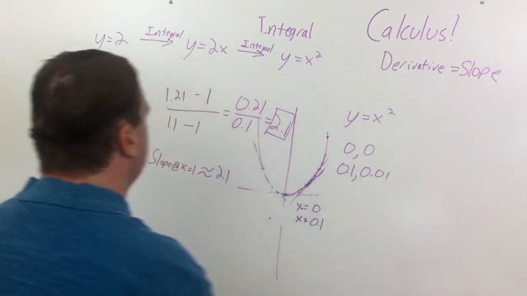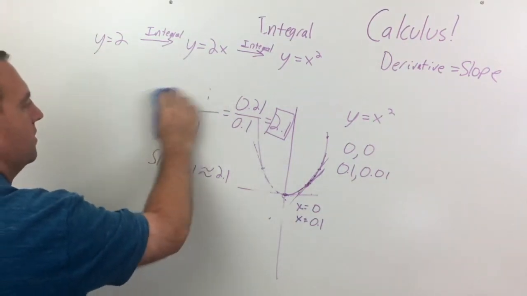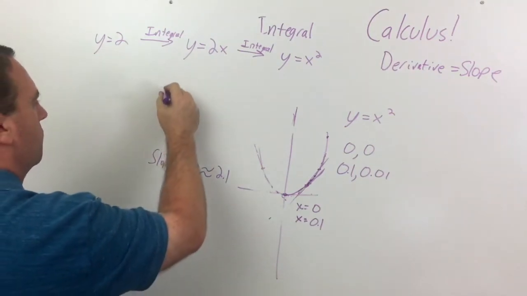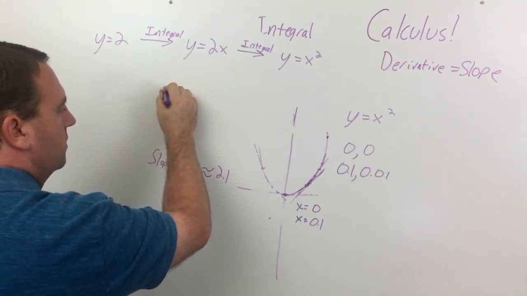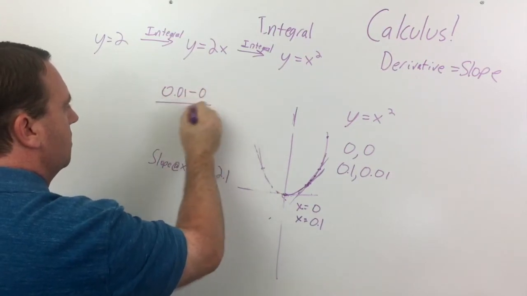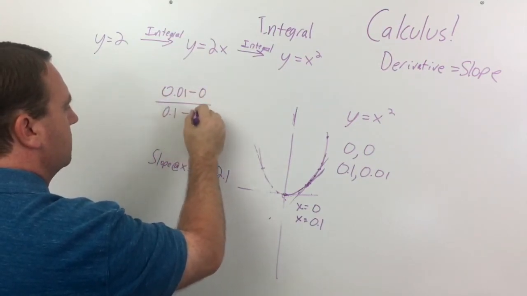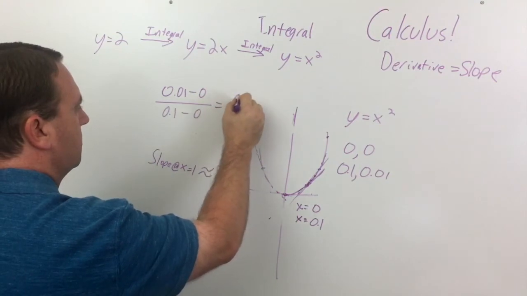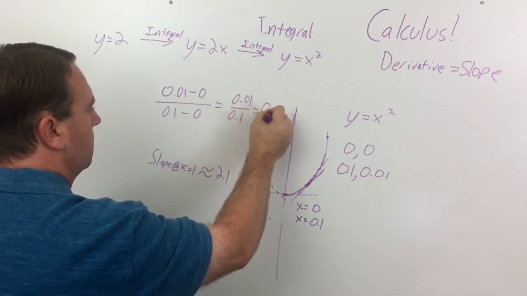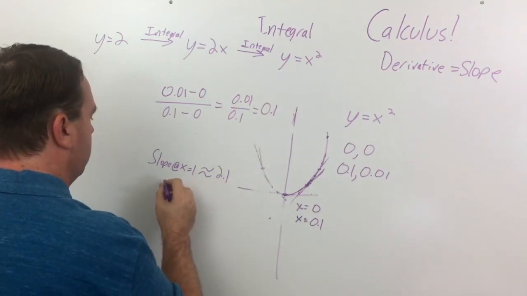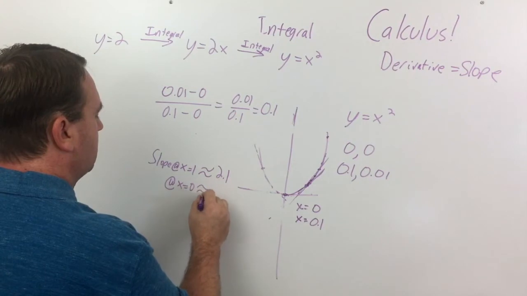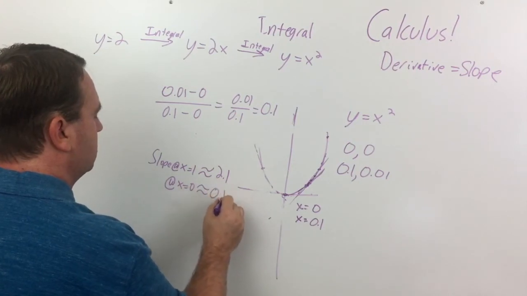Okay, so we'll do this formula again: y2 minus y1 over x2 minus x1. So the slope at x equals 0 is approximately 0.1.